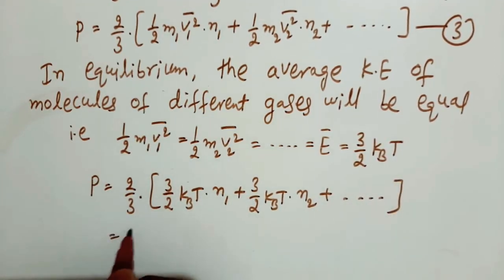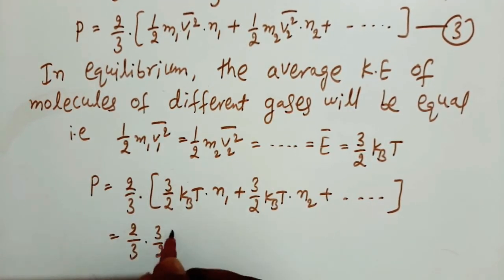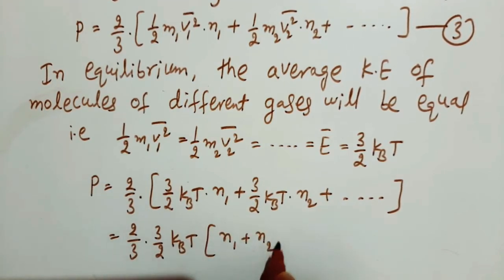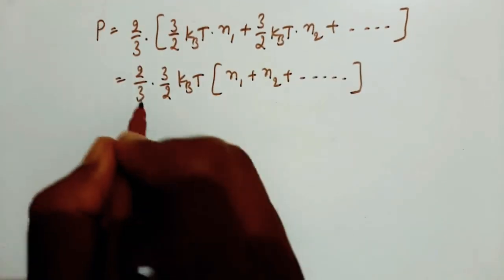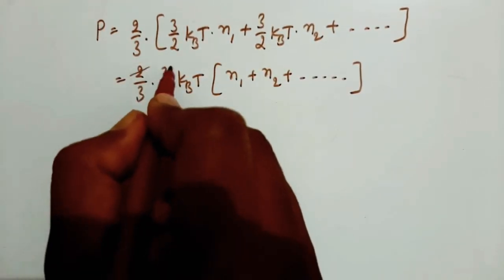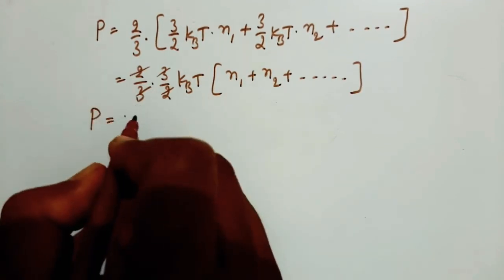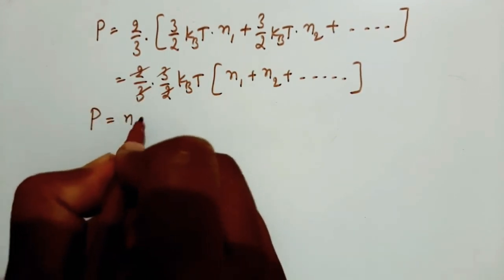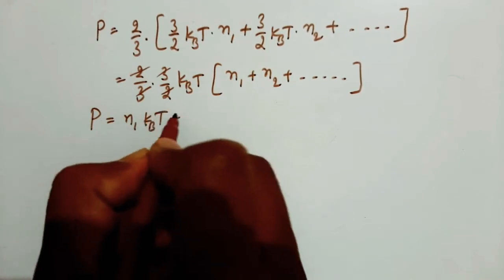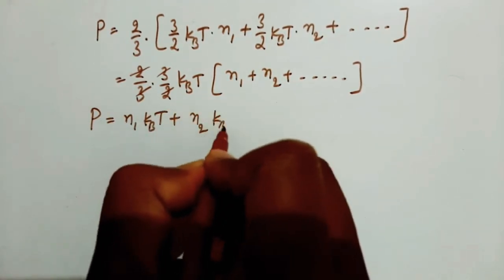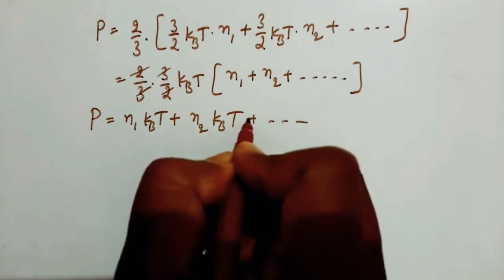So here I am taking 3 by 2 kBT common, so that is 2 by 3 into 3 by 2 kBT, into n1 plus n2 plus and so on. Here 2 2 cancel, 3 3 cancel, so we can write P is equal to n1 kBT plus n2 kBT plus and so on.